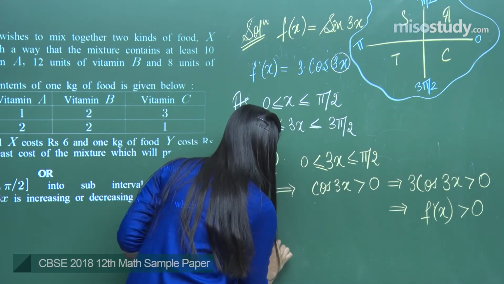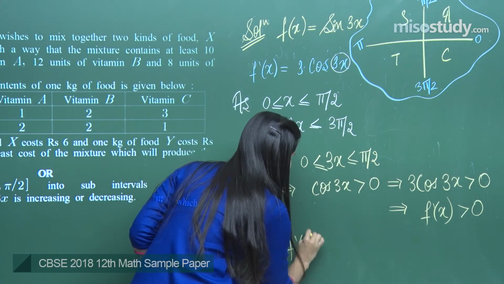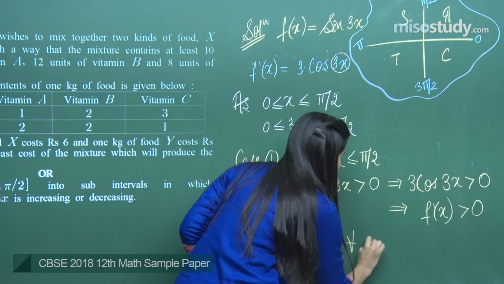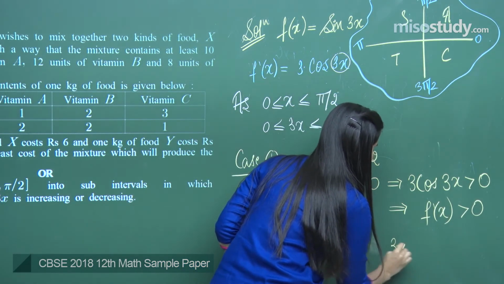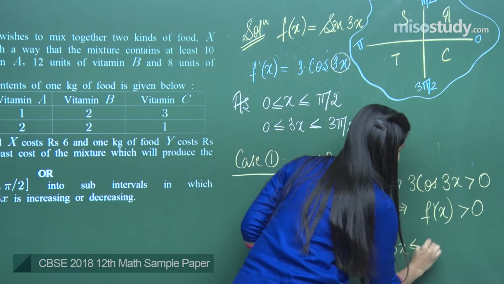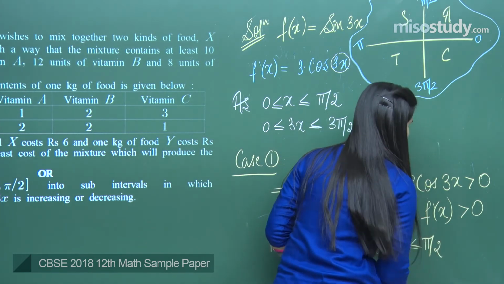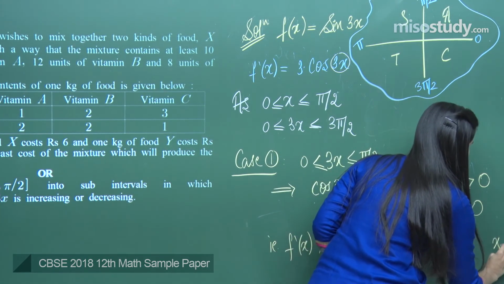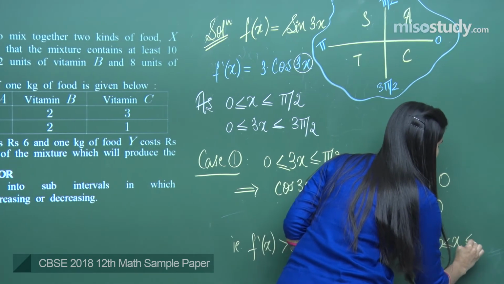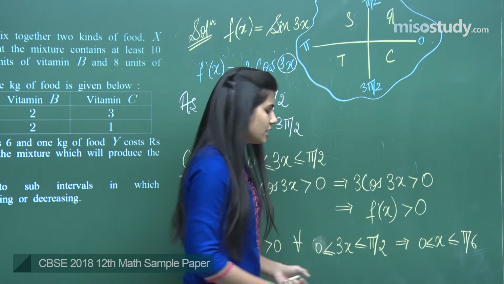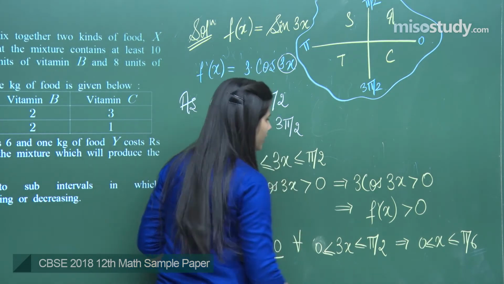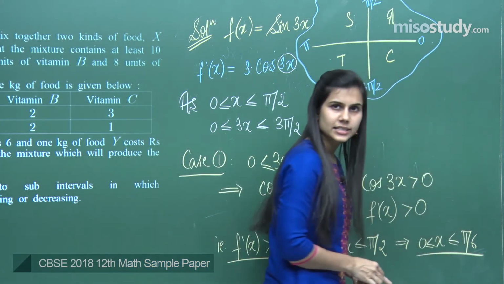That means f dash x is positive for all 3x greater than equal to 0, less than equal to pi by 2. Which implies for all x greater than equal to 0, less than equal to pi by 6. So I have f dash x is greater than 0 for these x's.